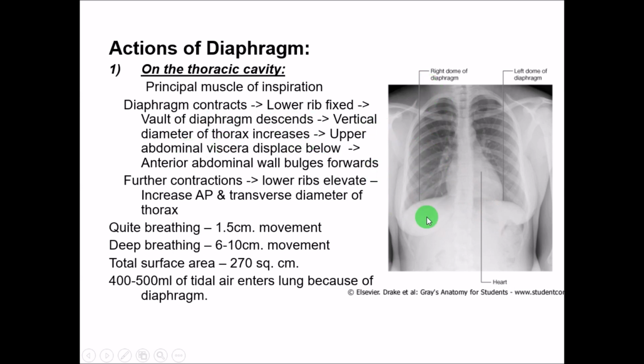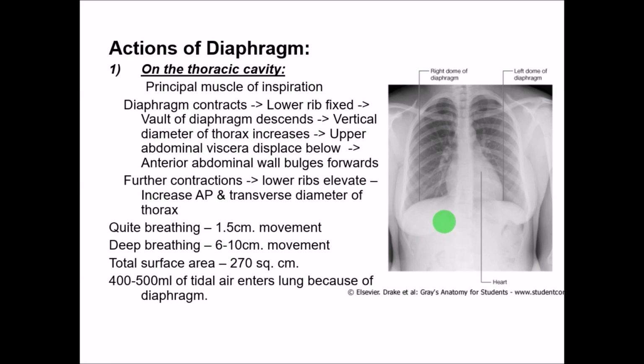The vertical diameter of the thoracic cavity increases. The upper abdominal viscera are displaced downwards, as pressure is created within the abdomen, and the anterior abdominal wall bulges forwards.